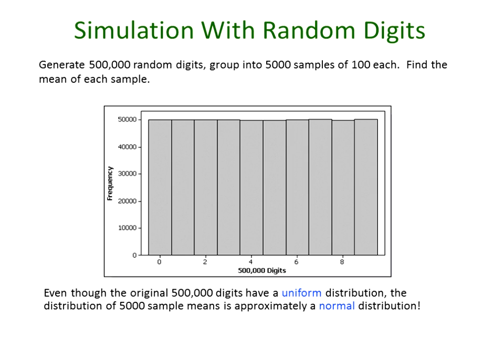So here, 500,000 random digits were generated, and they were grouped into 5,000 samples of 100 each. So that meets the requirement where it's greater than 30. 100 is greater than 30, so it works. So if we find the mean of each sample, we will find that the distribution of sample means will be normally distributed.